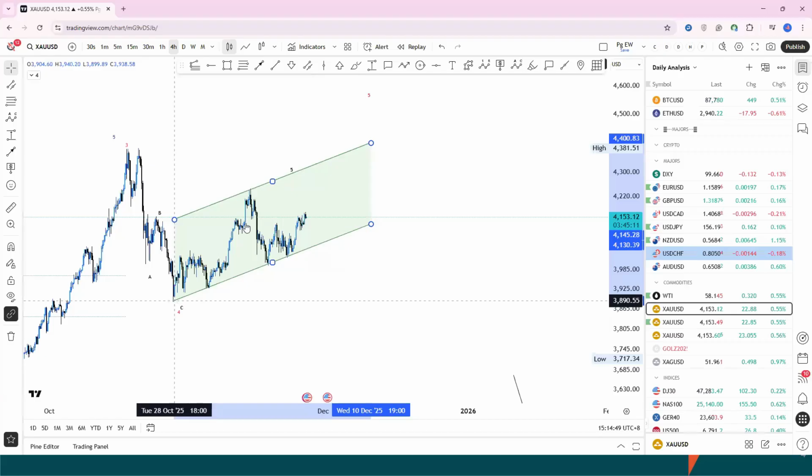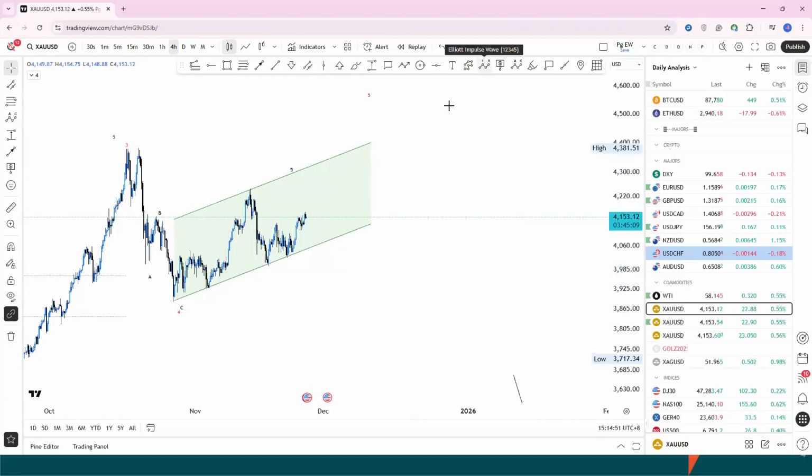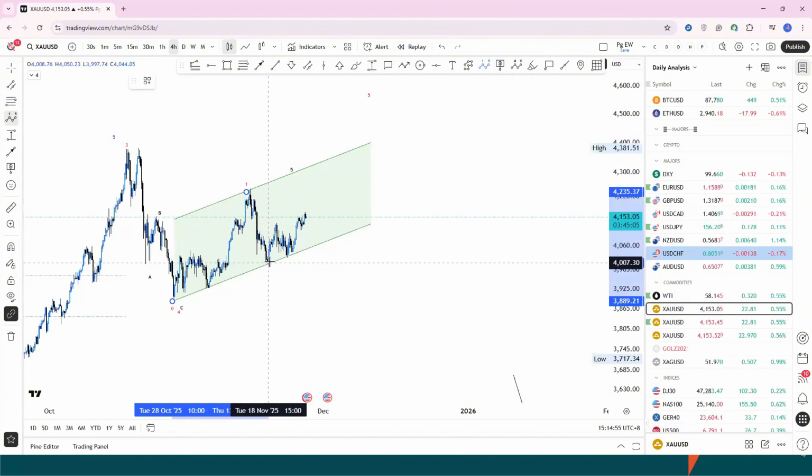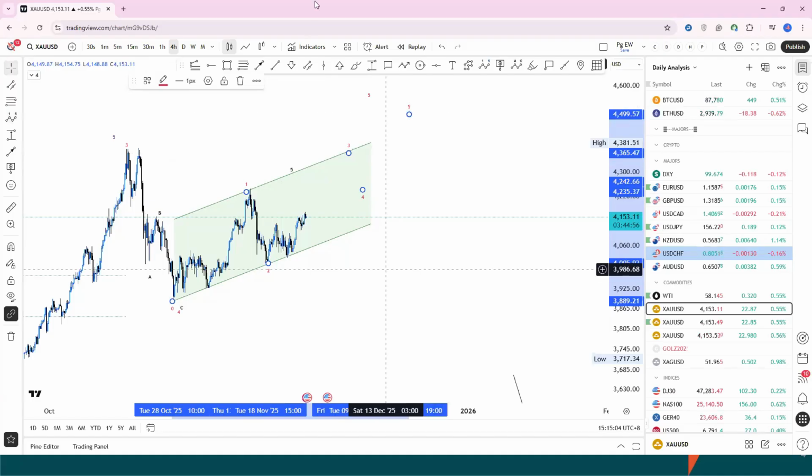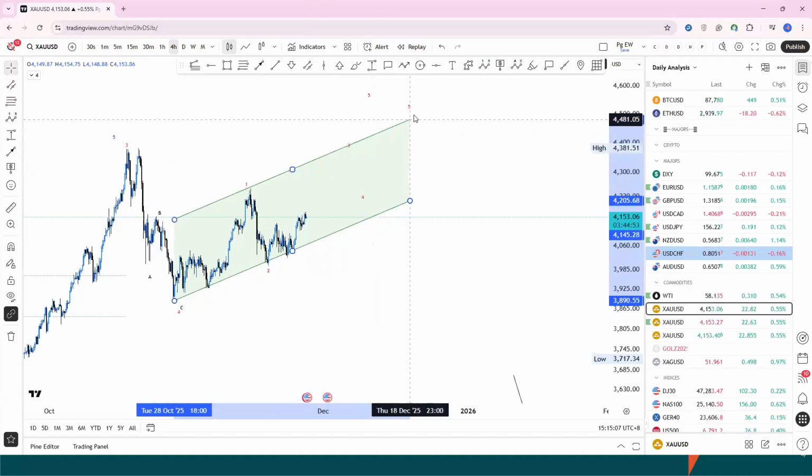Let me just pull here. Okay. Meaning if this is going to be my wave 1, wave 2, if this is going to be my wave 4, or maybe 3 somewhere here, pull back and continue to go wave 5. If it's going to look like that.